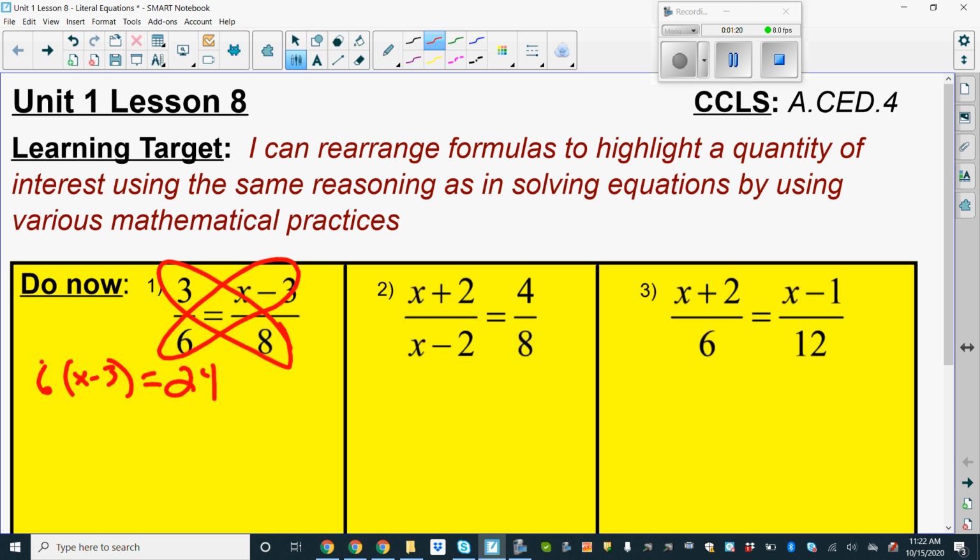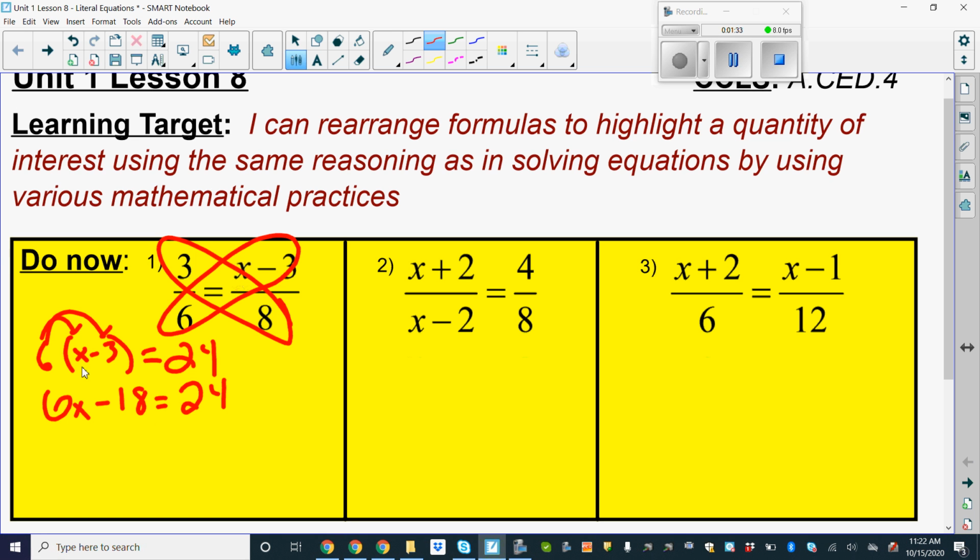Now to get rid of parentheses, you multiply and distribute. 6 times x is 6x, and 6 times a negative 3 is a negative 18, equals 24. Now we need to get the x alone, so you always want to move the term that is being added or subtracted to the variable first.